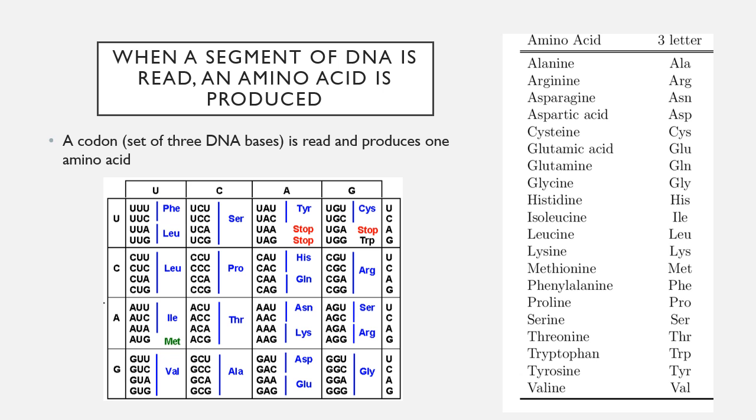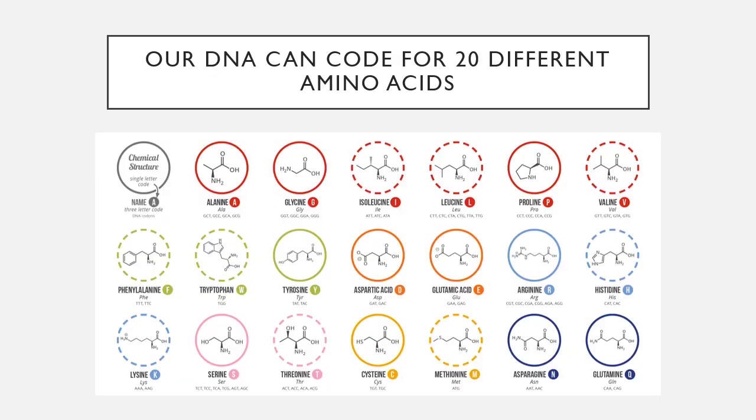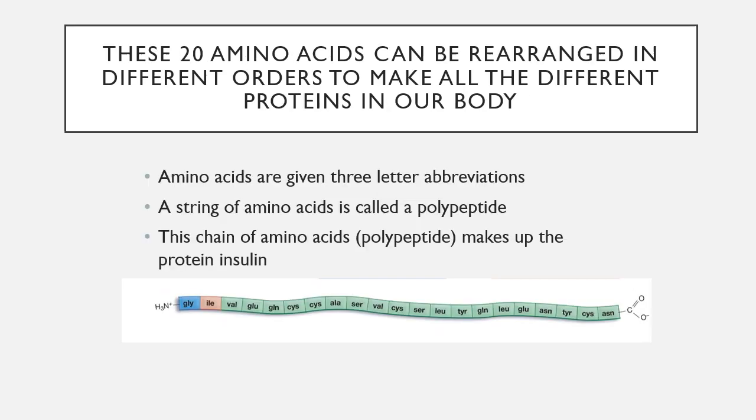The code is done. So you can either have a stop codon, a start codon, or an amino acid produced from a codon. Here are the 20 different amino acids. This is the same as the chart we just saw, but essentially our DNA can code for 20 different amino acids that your body can produce.